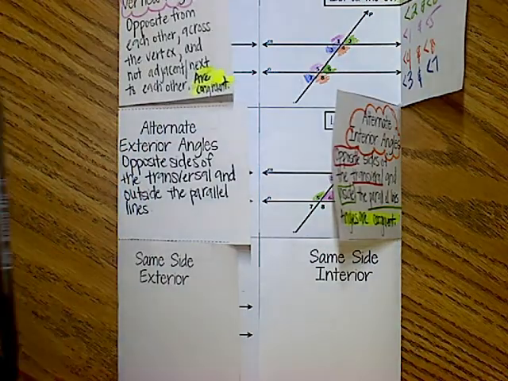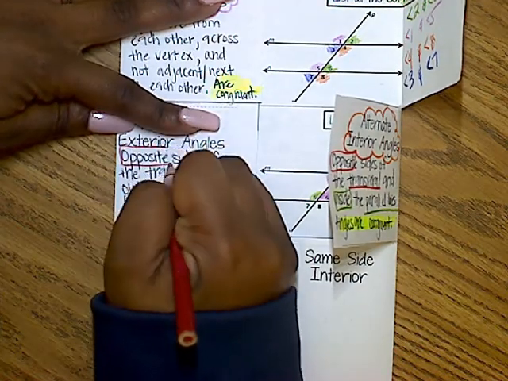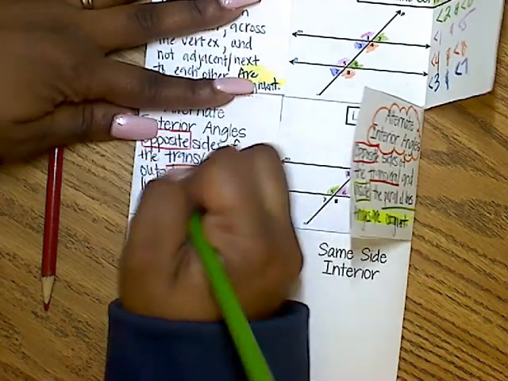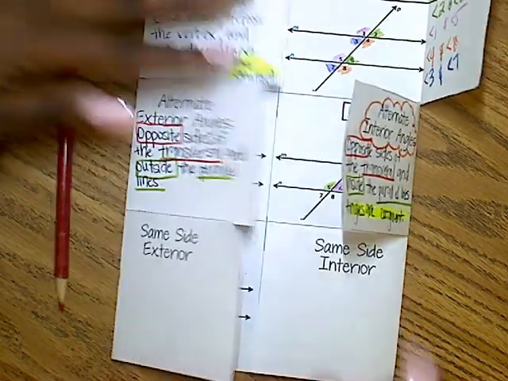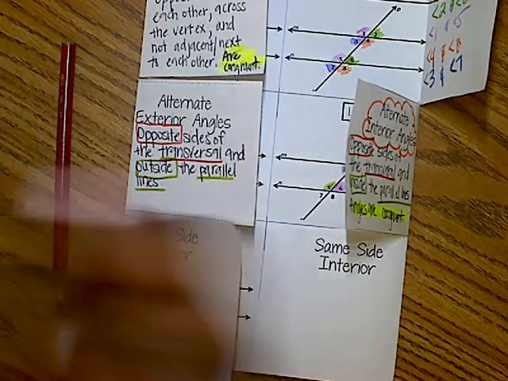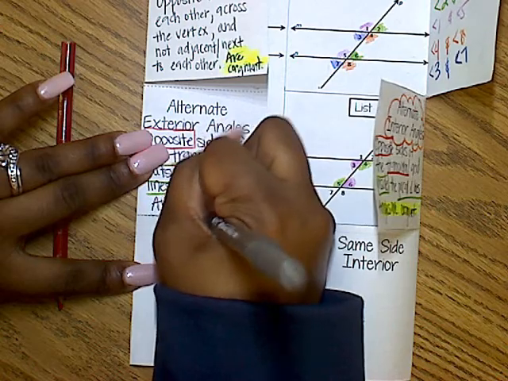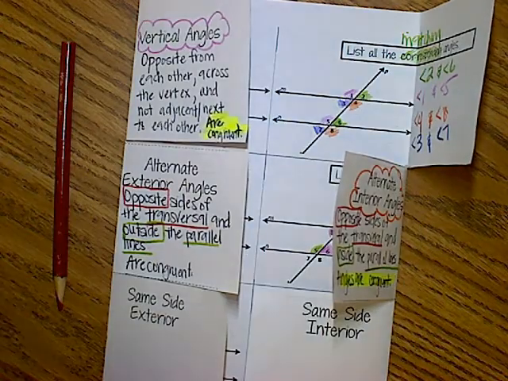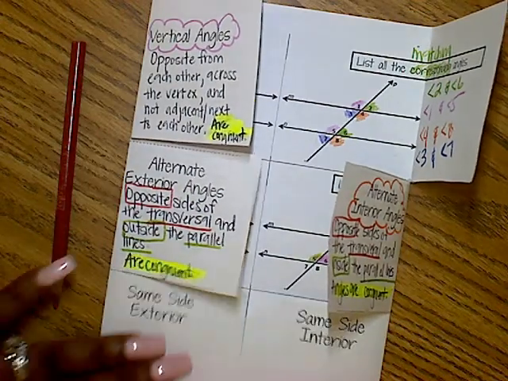So again, alternate still means opposite, and then exterior is going to be outside. Okay? And these are going to be congruent. And I want to make sure we take like a pause after this because I want to add something to our notebook. So these are congruent.